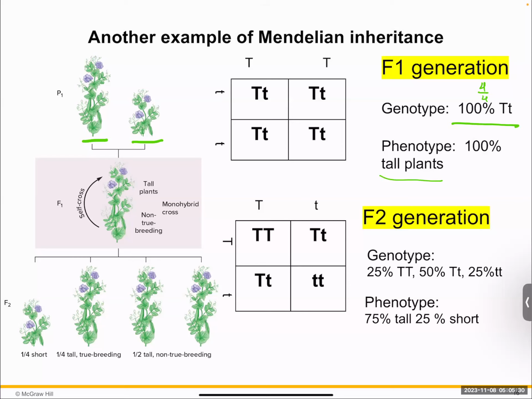Now for the F2 generation, we're going to use the self-crossing, which means, again, the genetic information is coming from one parent. So because 100% of the genotype was capital T, lowercase t, for both paternal and maternal, we will have the same identical genotype.